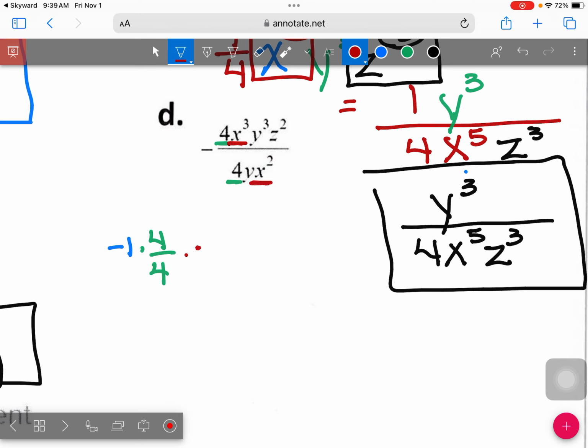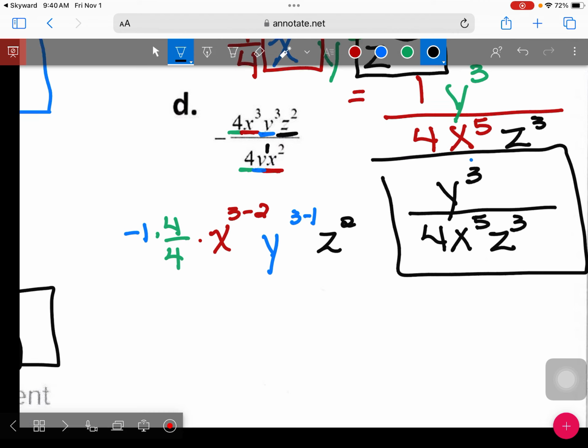When you are dividing powers, you keep the base and you subtract the exponents. 3 minus 2. I have a y that doesn't have an exponent, so I'm going to put the 1 on the bottom. y to the 3rd divided by y to the 1st is y to the 3 minus 1. And finally, I have z squared, which doesn't have anything on the bottom.